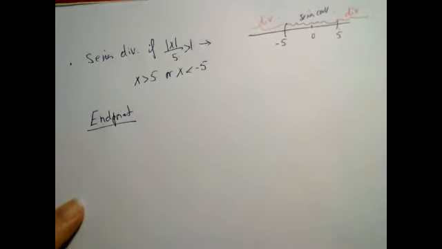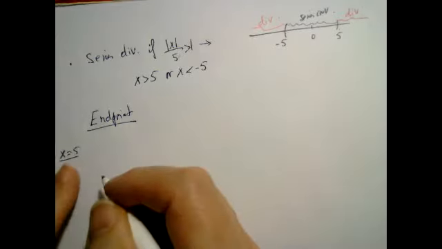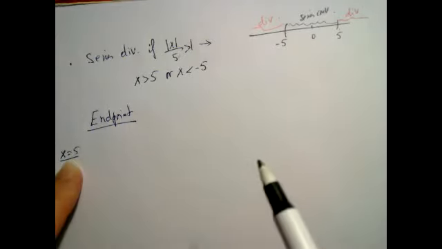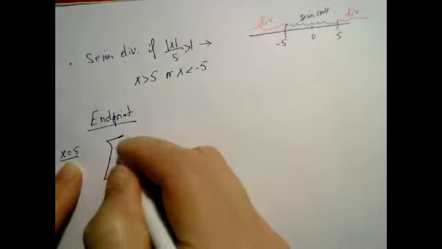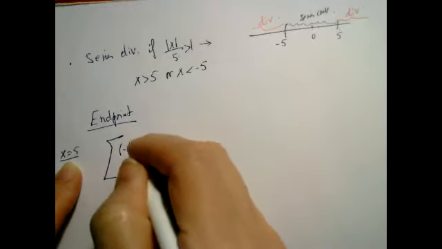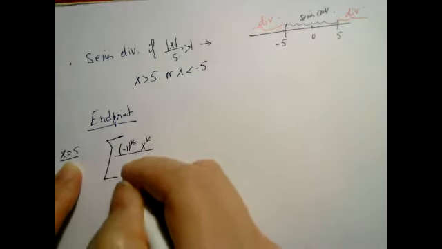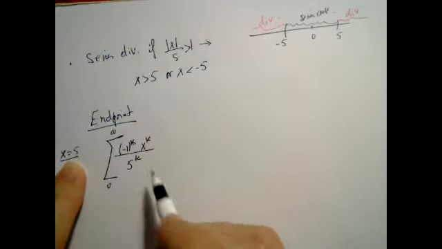How do we do that? X equal to 5. We plug the value 5 into the expression of the series. My series has the following term: (-1) to the k times x to the k over 5 to the k, with k going from 0 to infinity.